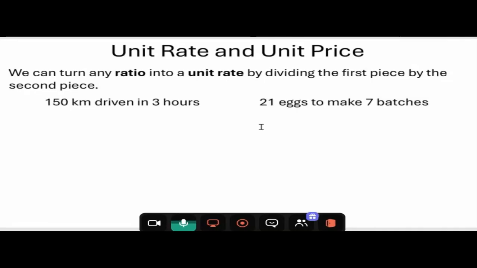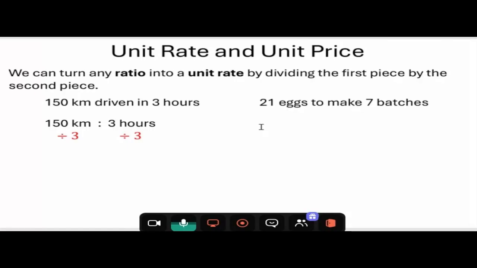So let's imagine, these are actually the same as the last 2 examples we did, but let's imagine instead of giving you the information the way I did, 50 kilometers in 1 hour, what if I had said you drove 150 kilometers in 3 hours? And then they say, what is the rate? Well, there's the ratio, 150 kilometers to 3 hours. Divide the first one by the second one.